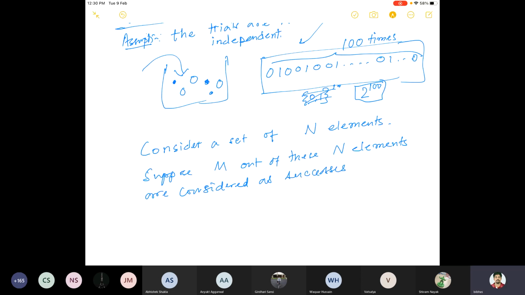That means if there are two different colors of balls, then maybe this particular ball can be considered a success, and the other one is a failure. So whenever I say capital M of them are success, that means N minus M are considered as failure.